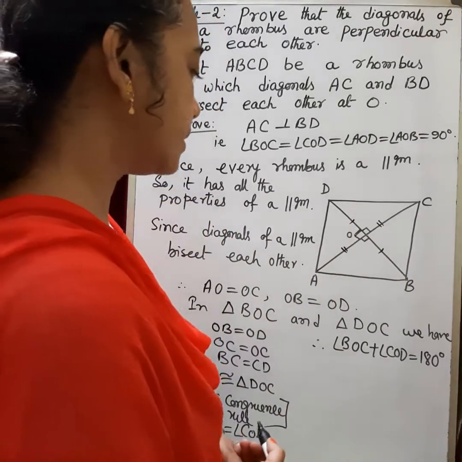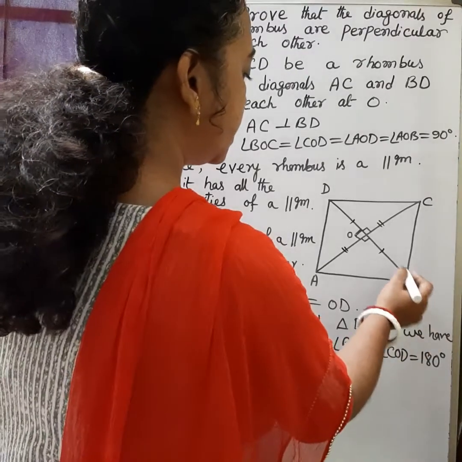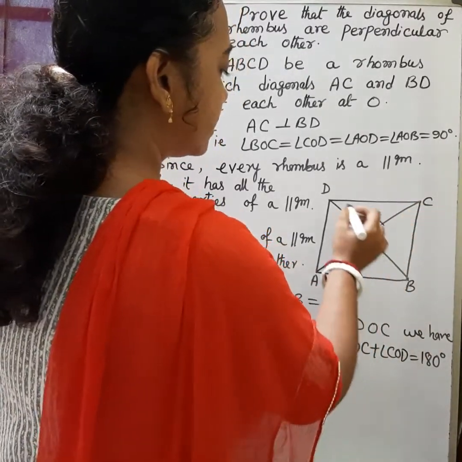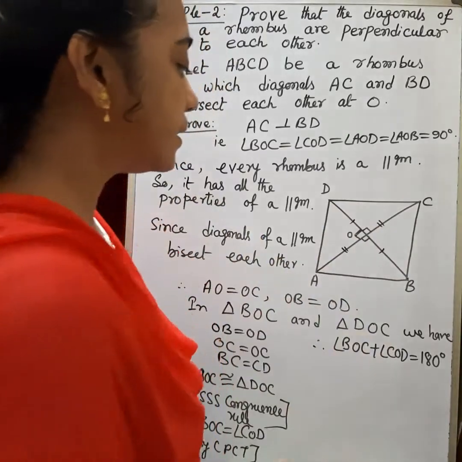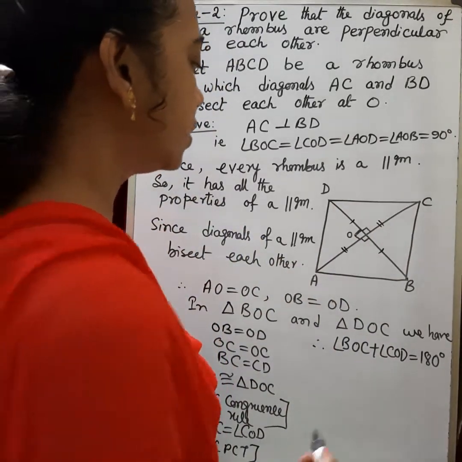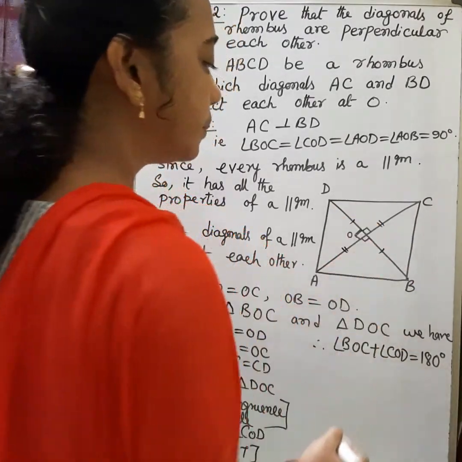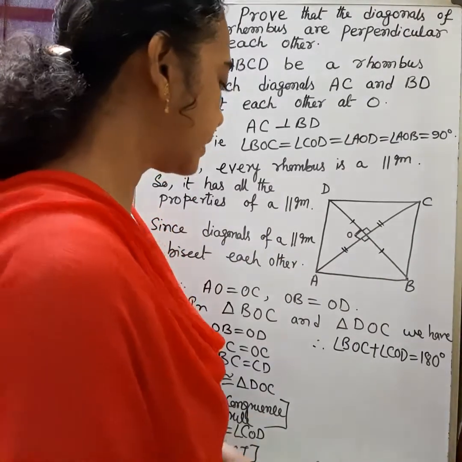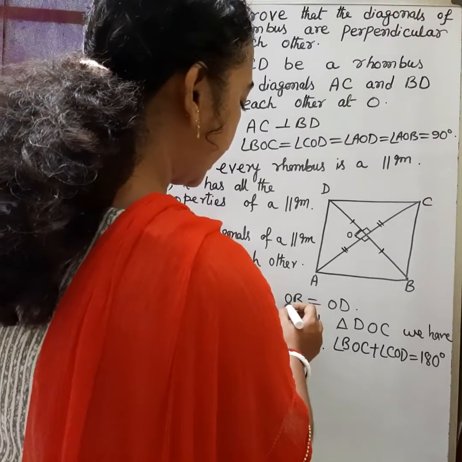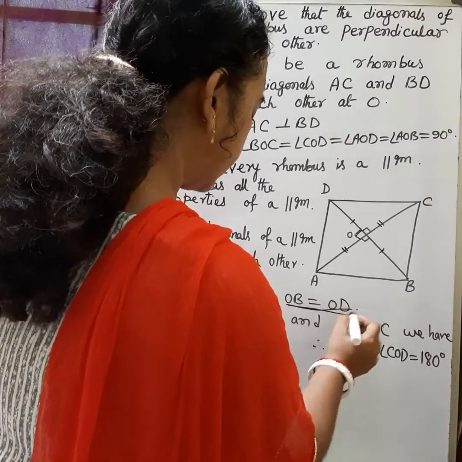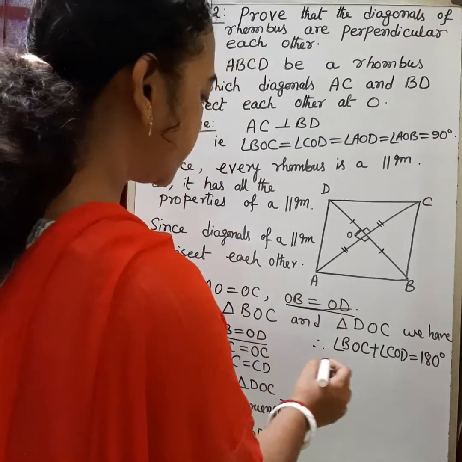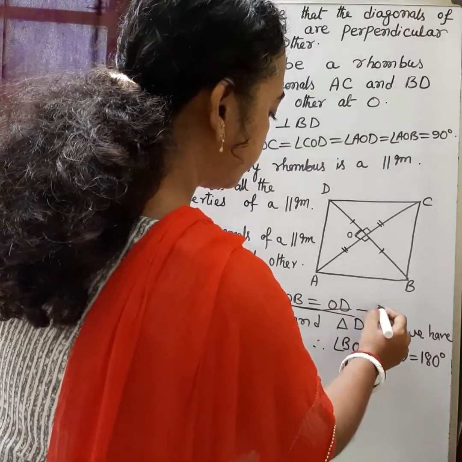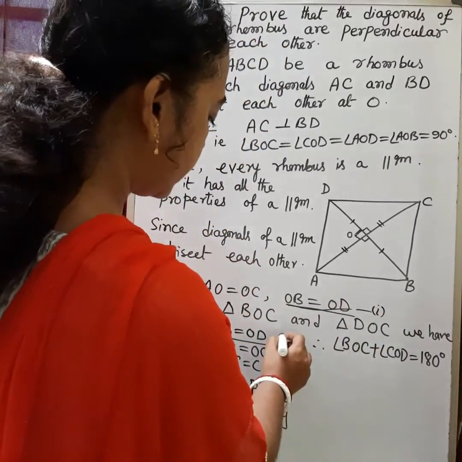Now consider the two triangles, triangle BOC and triangle DOC. In these two triangles OB is equal to OD, because in a parallelogram diagonals bisect each other. This is the statement marked by 1.